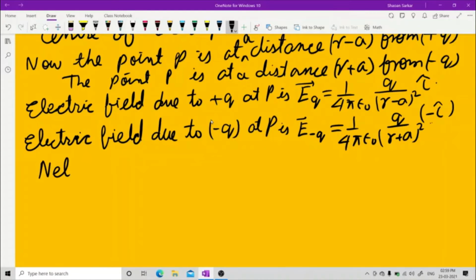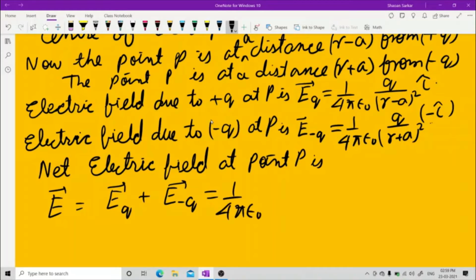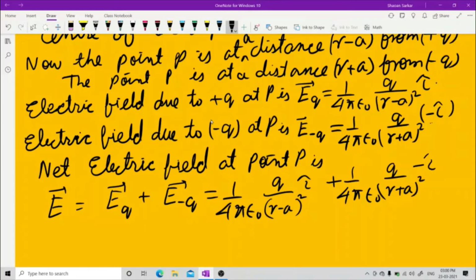Now the net electric field at point P is E equal to E plus q due to the plus q charge and E minus q due to the minus q charge. So this is going to become 1 by 4 pi epsilon naught q upon (r minus a) whole square i cap plus 1 by 4 pi epsilon naught q upon (r plus a) whole square minus i cap.